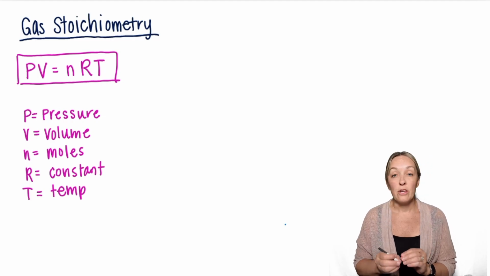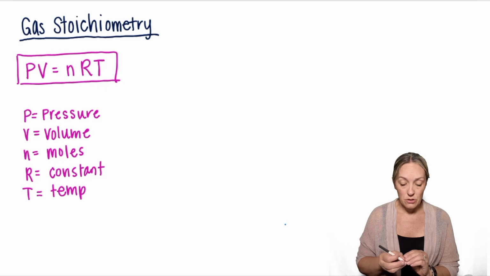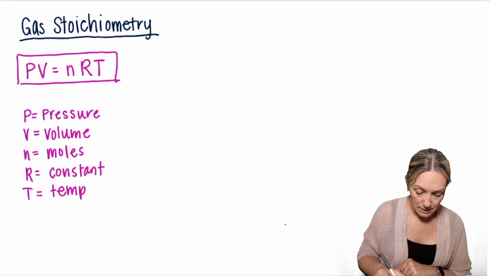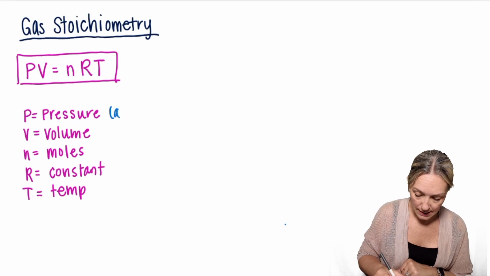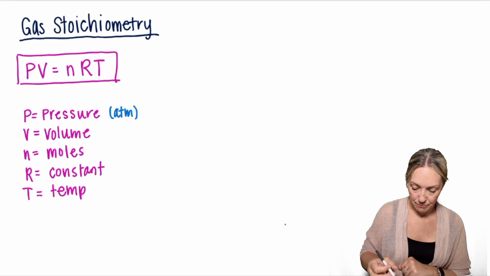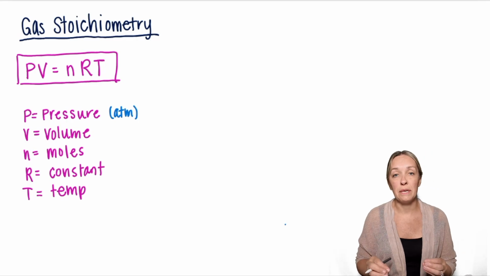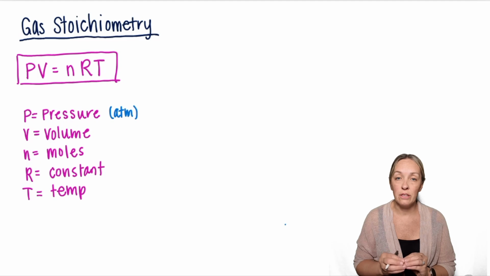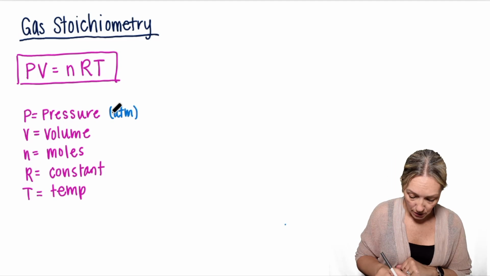Now, this equation is unit specific, so we need to make sure that we are using the appropriate units. In these problems, I am going to use atm for my pressure. You could also use kPa, but if you do use kPa as your pressure, please note that your R value will change as a result. Volume is going to be measured in liters.